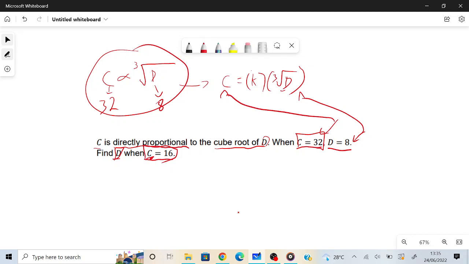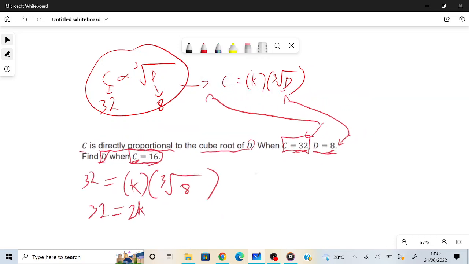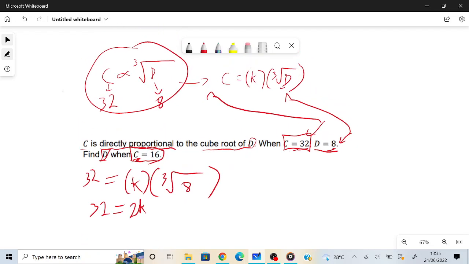So we have 32, which is our C they gave, equals K, which is the constant we're trying to find, into the cube root of D, and D is 8. Upon doing this, we know 32 is simply 2K, because the cube root of 8 is 2, and 2 times K is 2K.